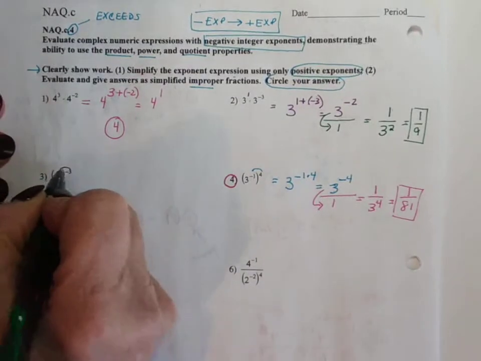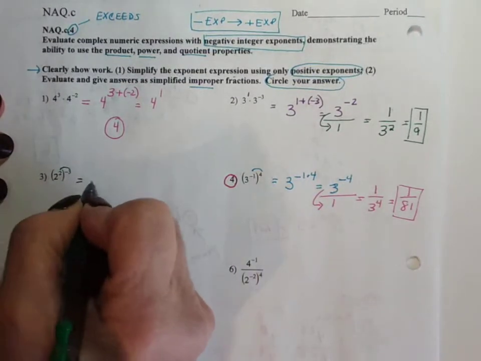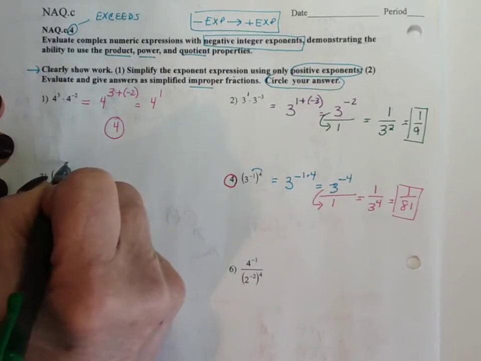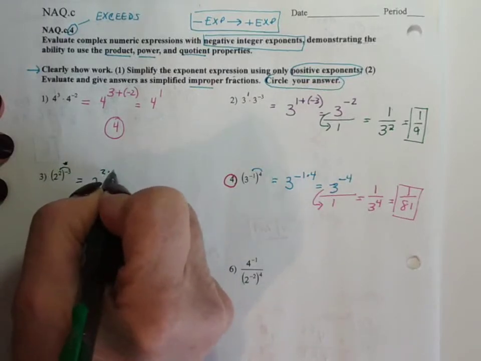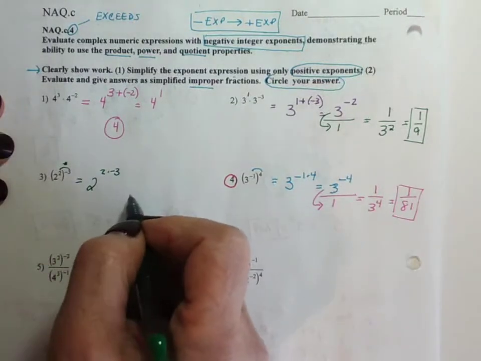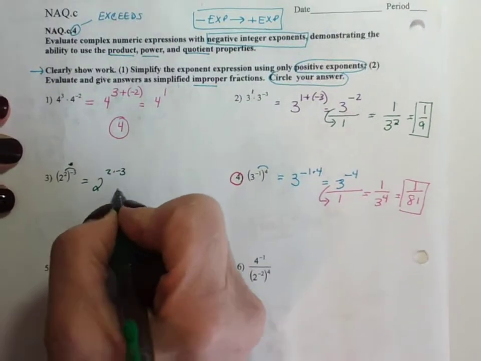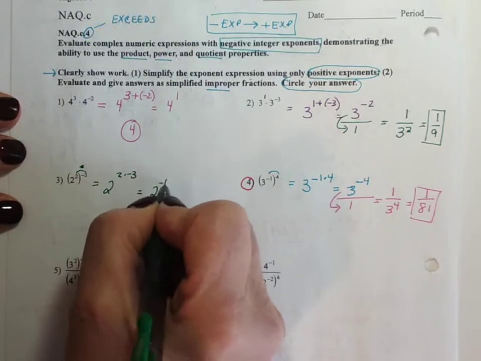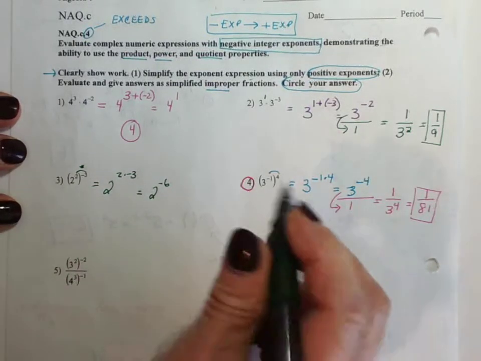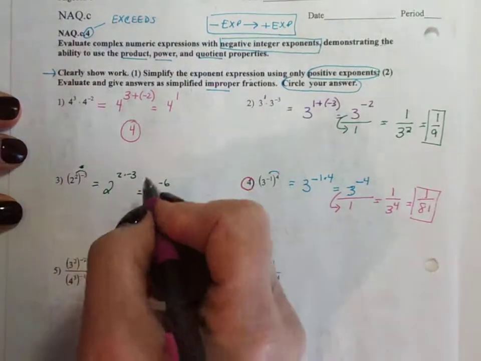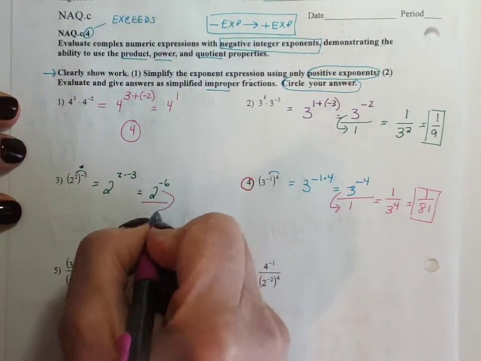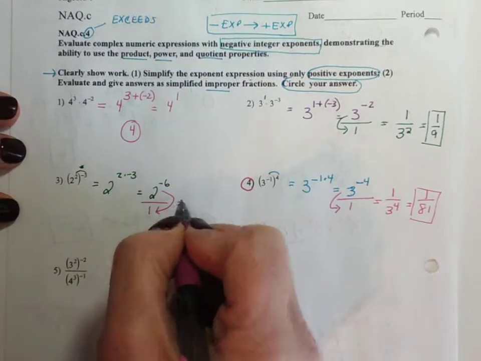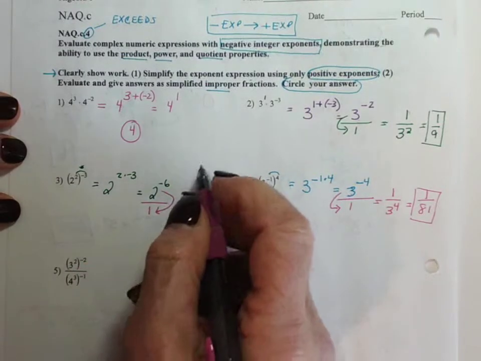So here we have the power rule. 2, we multiply the exponents. 2 times negative 3, you must show the work, equals 2 to the negative 6. We want to make that negative exponent happy, so we take the reciprocal.